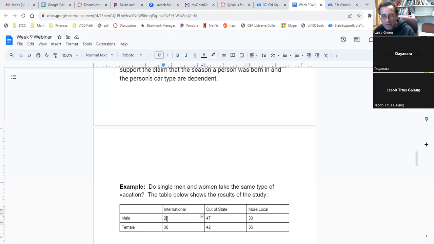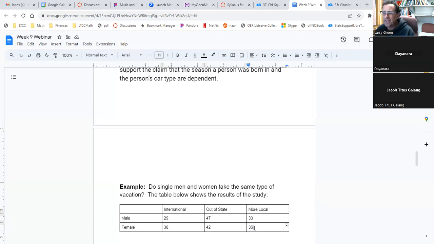So notice there were 29 of the surveyed individuals that were male and maybe tend to take international vacations. There were, let's say, 36 females who tend to take vacations that are more local. Any questions on reading the table?